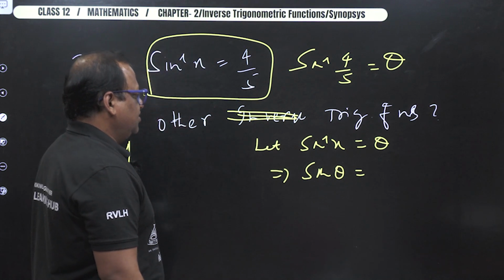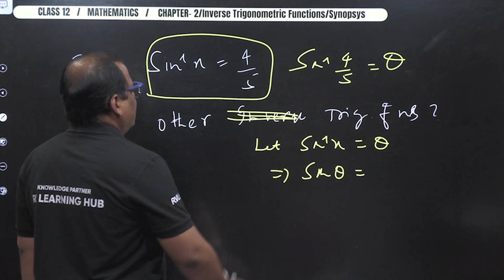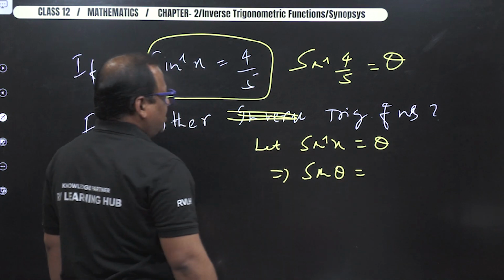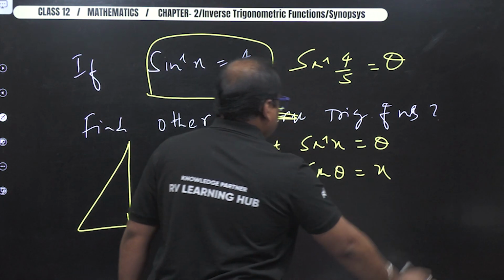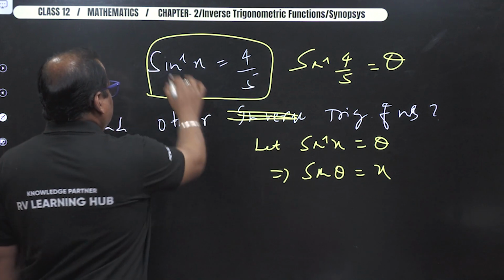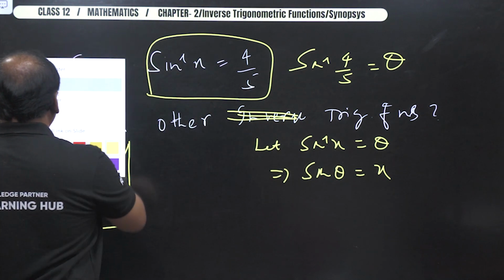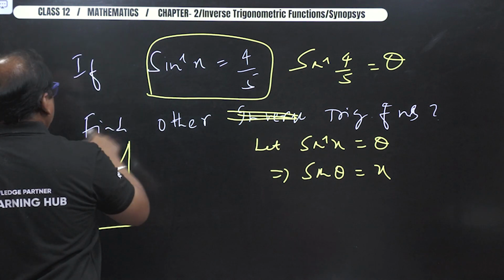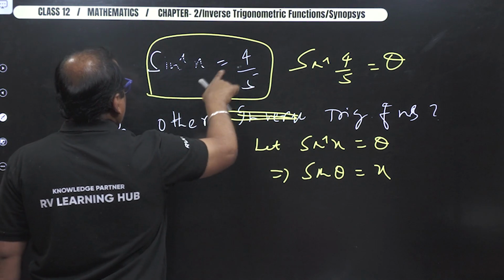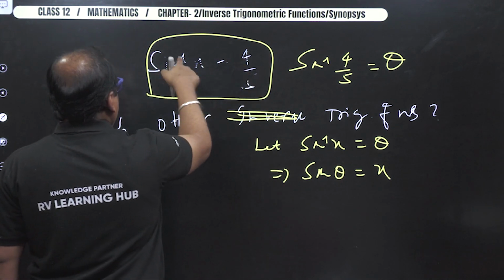In terms of theta. So what happens? Sin inverse of x equal to theta means sin theta is equal to x. Let me take that as the example.